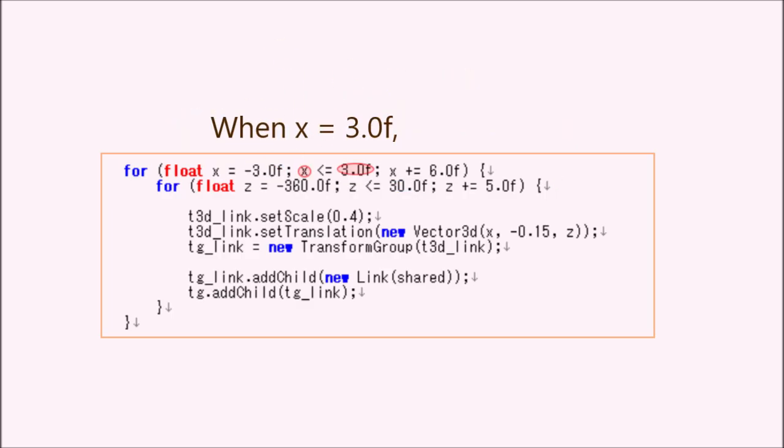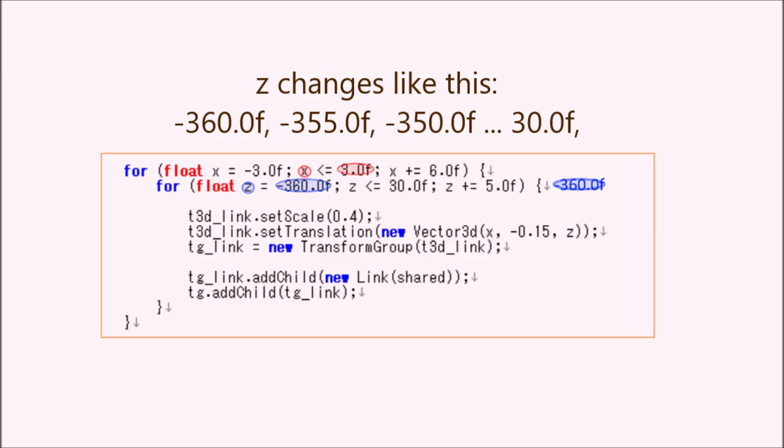When x equals 3.0f, z changes like this: -360.0f, -355.0f, -350.0f, and so on up to 30.0f.